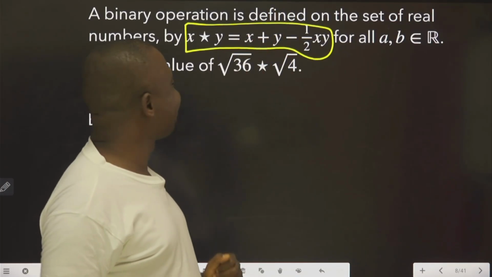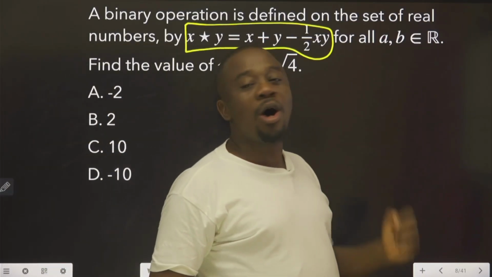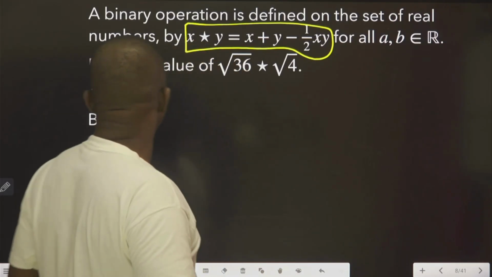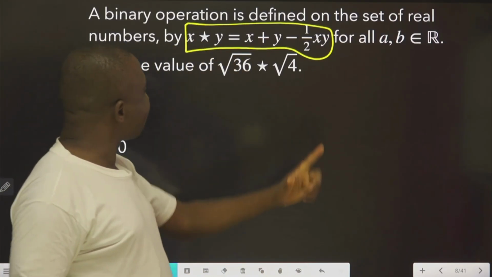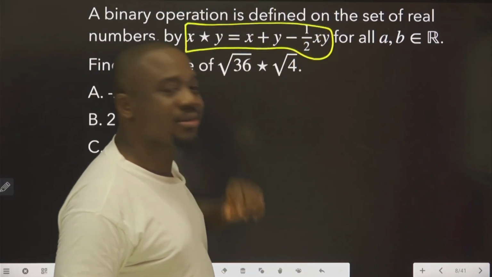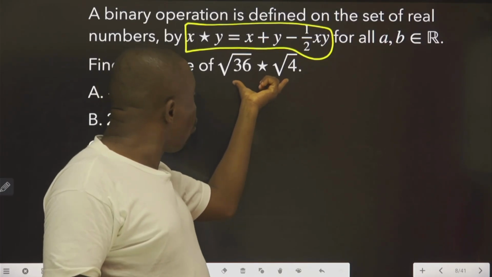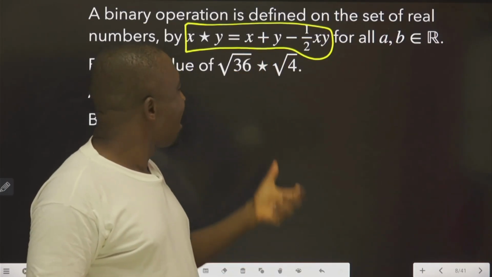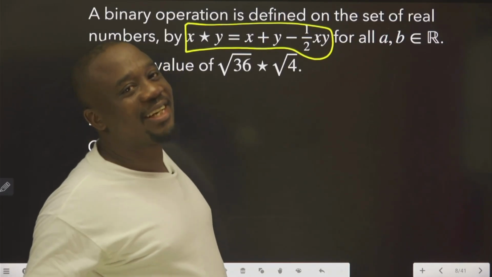That's what we get. For all A and B element of real numbers. Find the value of this. That is, if you understand this operation, you should be able to tell us what you will get when the square root of 36 and the square root of 4 come together as husband and wife.